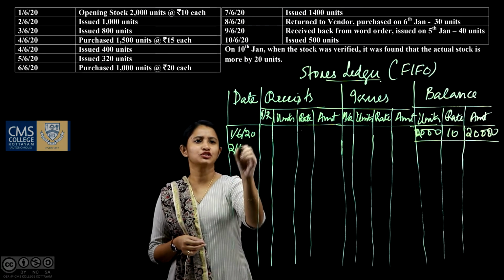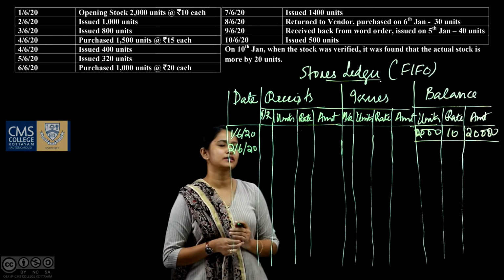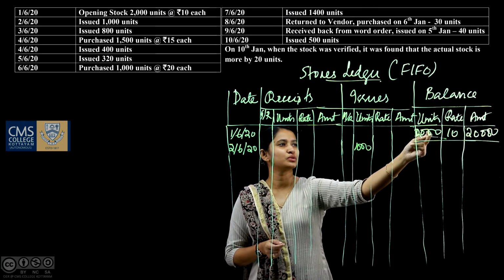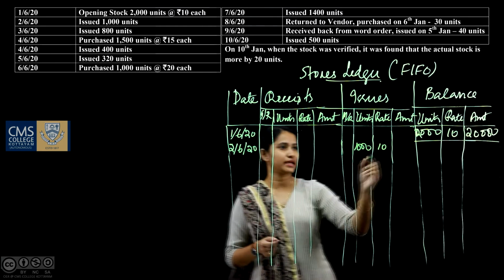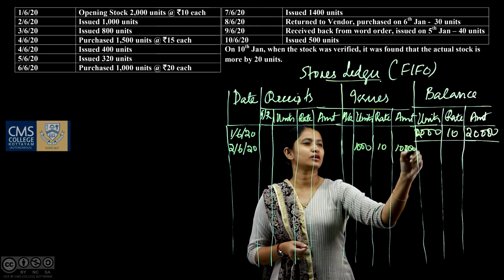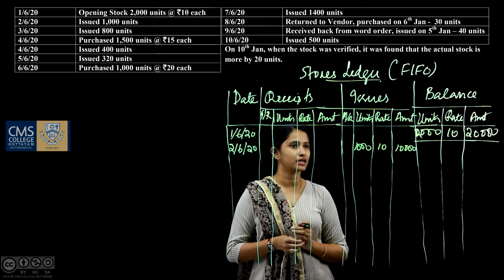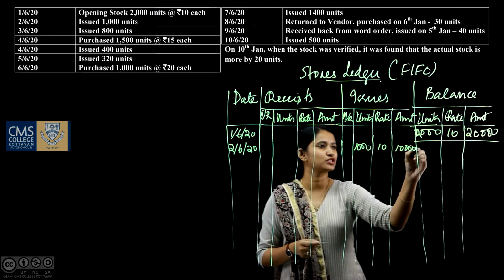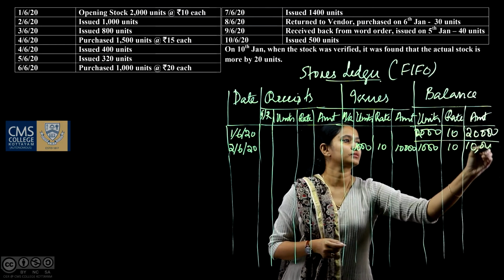And on 2nd June, the production department has asked us for 1000 units. So we will take 1000 units out of the opening stock, and the unit rate is 10, so 10,000. So the balance is, we had 2000 units in our stores, we took 1000 units for issuing it to the production department, so the balance is 1000 units at 10, so 10,000.